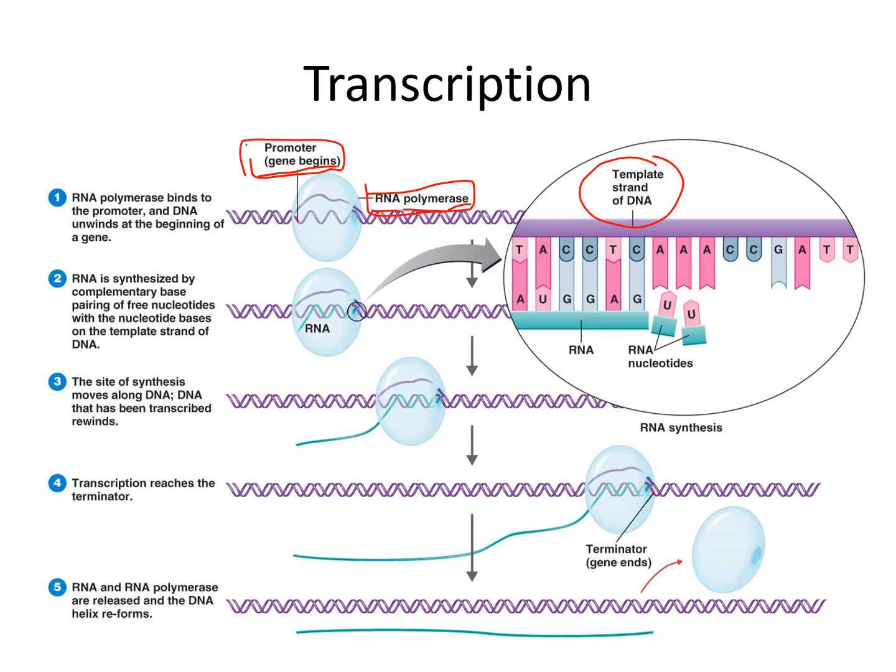So it will read the nucleotides on the template strand, and then it's going to match with complementary base pairing the RNA nucleotides. So it's going to create a strand of RNA off of the template DNA strand. And that RNA strand is going to be complementary to the template strand.